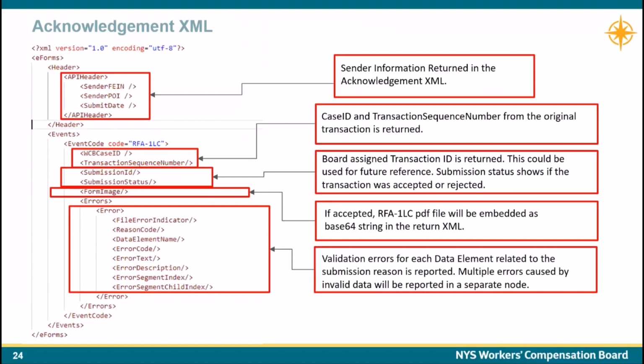Submission ID is the ID that the board will generate, assigning a unique ID for each transaction that was processed. And the submission status will tell you whether the transaction was accepted or rejected.